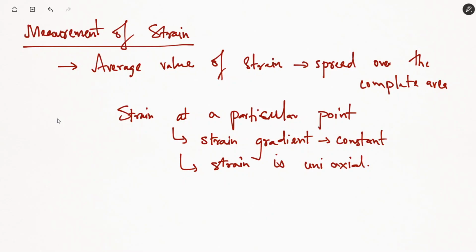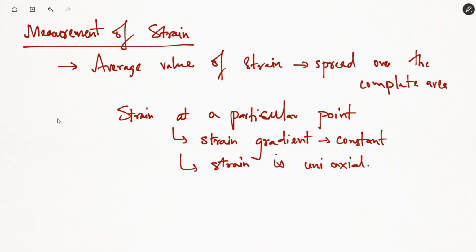Now, as I am saying, the strain gradient may not be constant. If the strain gradient is not constant over the area of the gauge, and we do not know its form, whether it is uniaxial or not, what the gauge reads will not be the actual measurement of strain at that particular point.